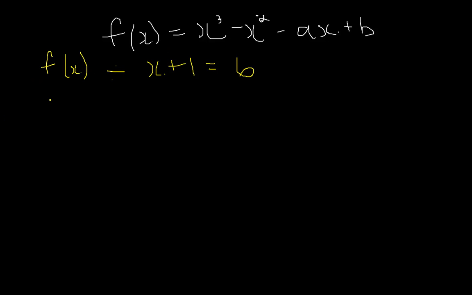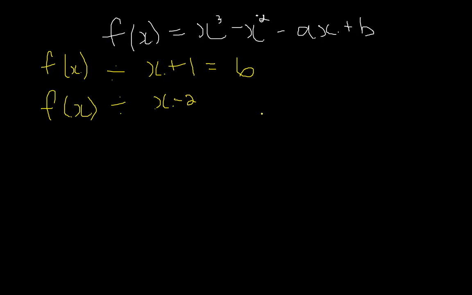But then they told me when f of x is divided by x minus 2, so this is what you would do. I would write all the information that they gave me like this because this is how I understand it. This function f of x when divided by this divisor, x plus 1, the remainder is 6. But you can write it however you like, whatever makes sense to you.